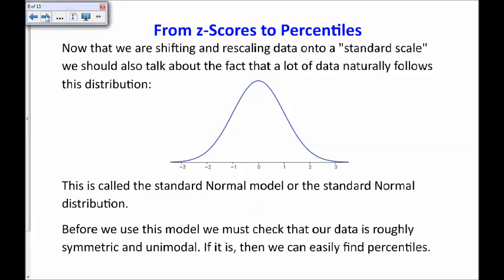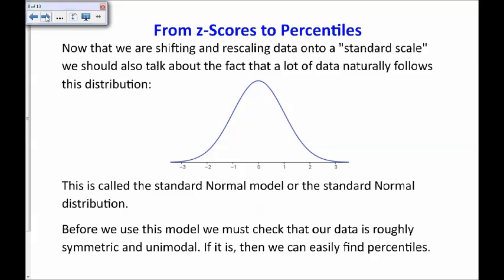If you looked at life expectancy, or heights in a very large population, or most variables in a large population, you will find that the data naturally tends to follow a standard normal distribution. So that's a very useful model for us to use when looking at percentiles or other data.